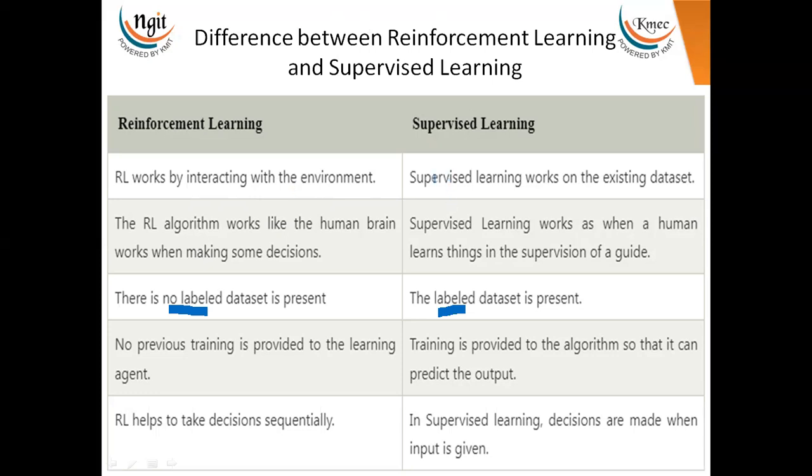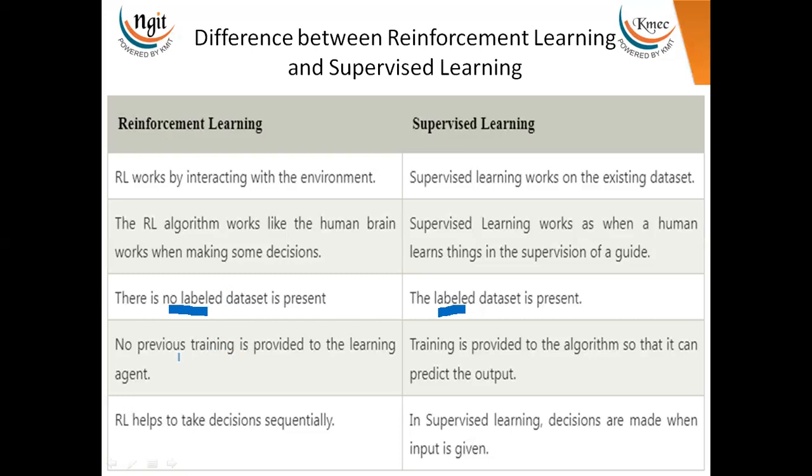But in supervised learning, we are doing training through which the agent is learning. So reinforcement learning works more like the human brain to take decisions. But supervised learning needs supervision of a particular guide.